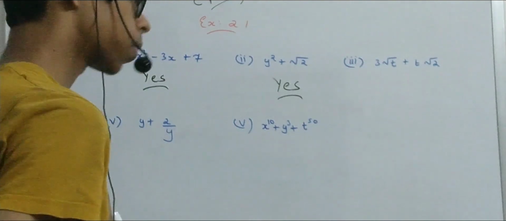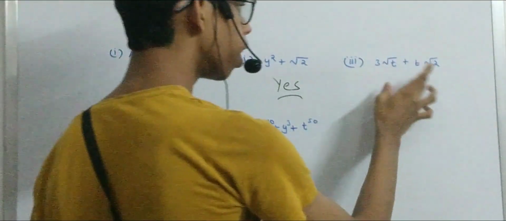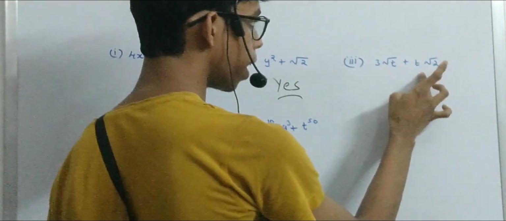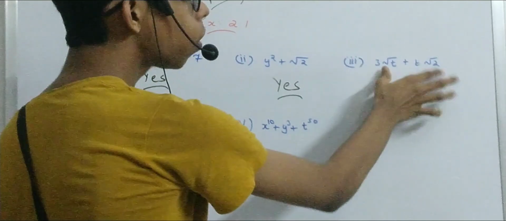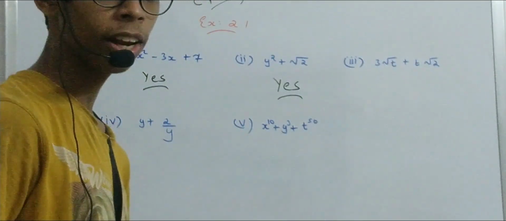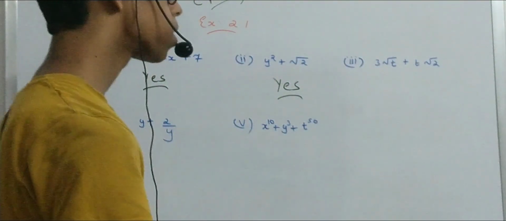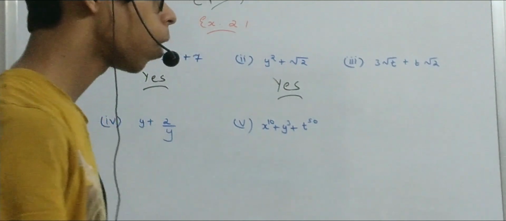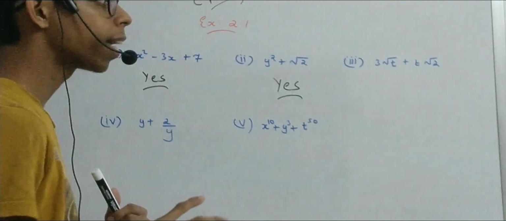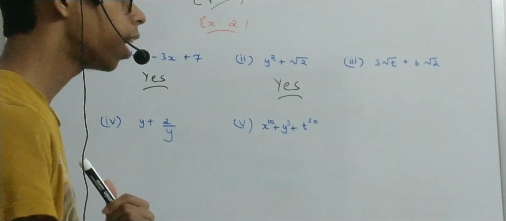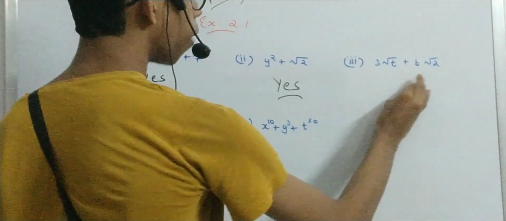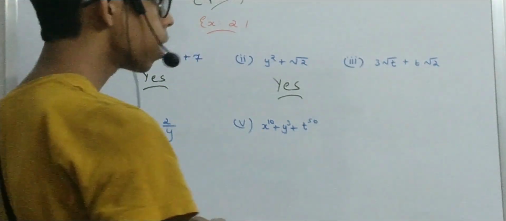Now our next one is 3 root t plus t root 2. If you see this one, this is a polynomial in one variable, but can we call this thing a polynomial? No. Why? Because we have learned that a given algebraic expression will be called a polynomial if and only if the power of the variable is a whole number.